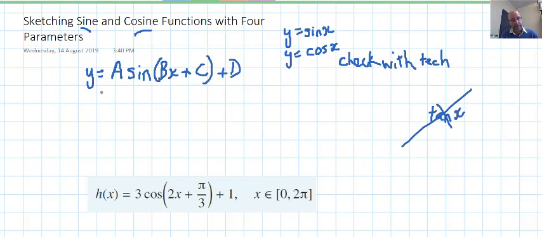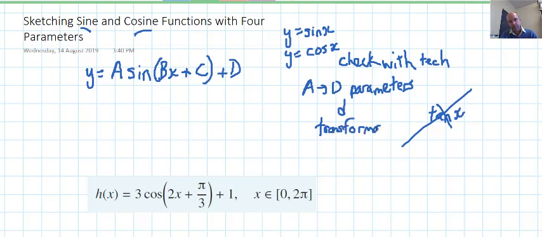Now, a to d are the parameters, and they give the graph its transformations. Two of them are about the shape, that's A and B. So there we'll look at things like dilations.